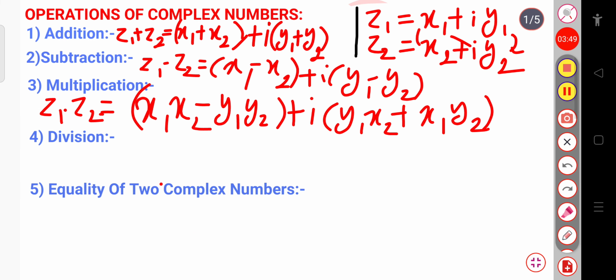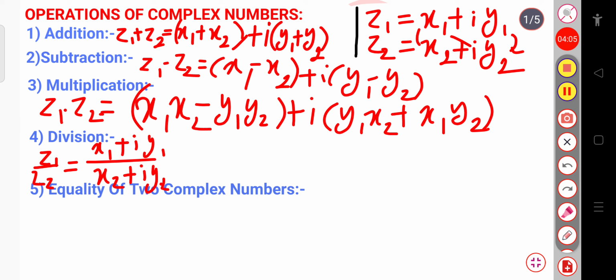Now, we have to calculate the division, that is z1 divided by z2. Similarly, here this is x1 plus iota y1 divided by x2 plus iota y2.